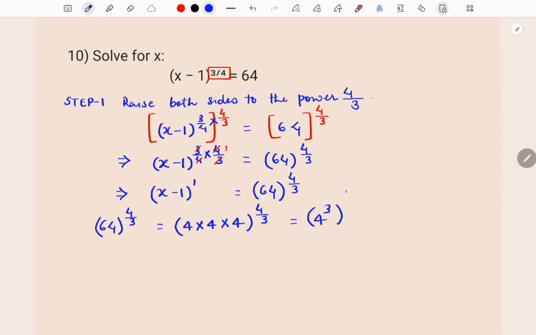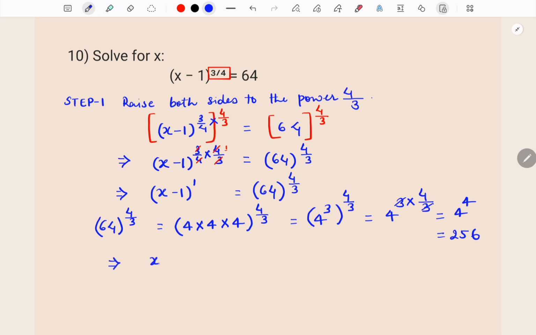And then we have the power of 4 over 3 present outside the bracket. So again we have a power of a power, so we will just multiply these indices. 3 and 3 will get cancelled out. That is 4 raised to the power of 4. 4 raised to the power of 4 is 256.